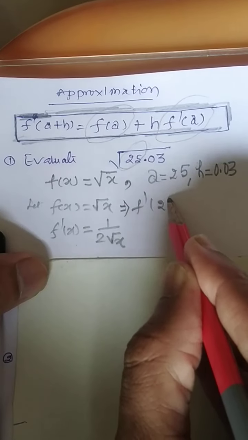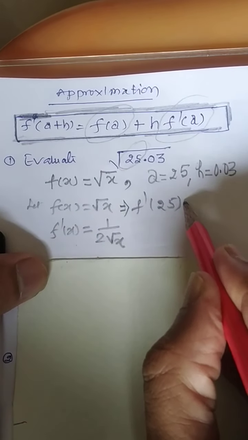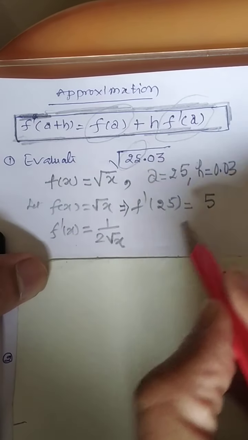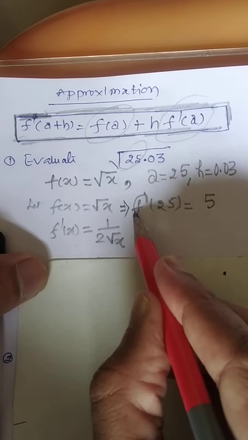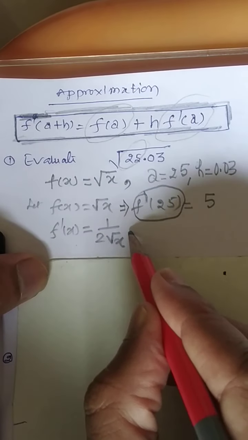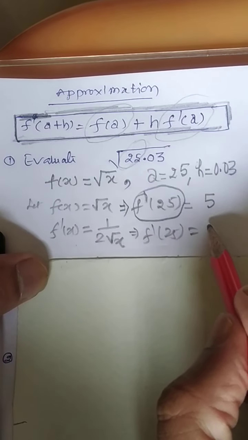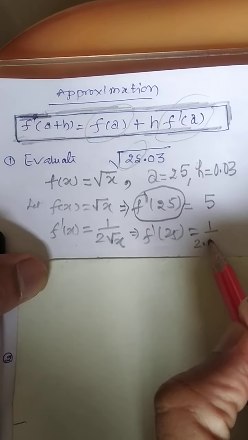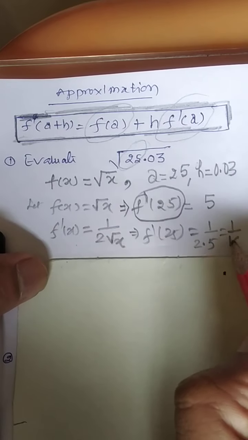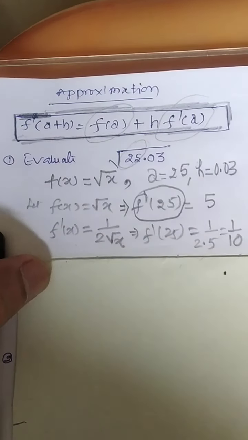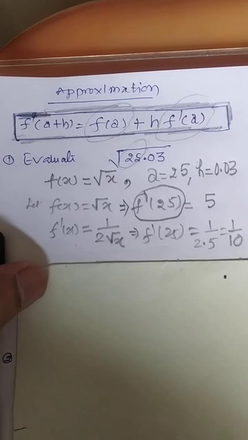A means in this case it will be 25. So f of 25 will give me 5. F dash of 25, it will be 1 by 2 into 5, nothing but 1 by 10. Next 25% of the work is over.